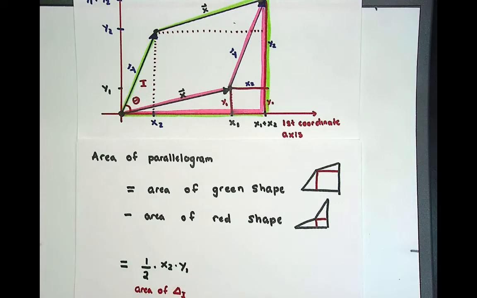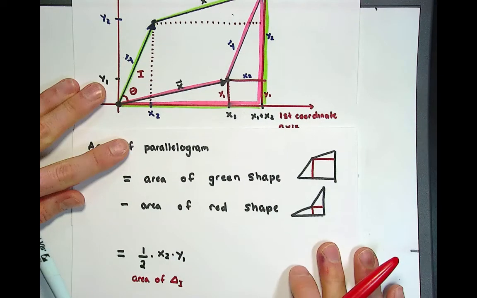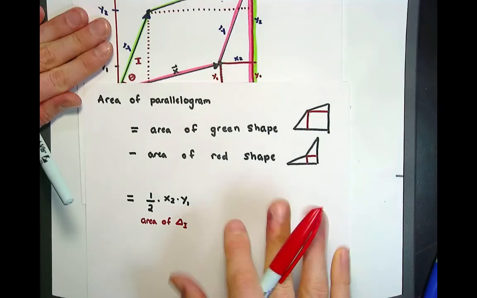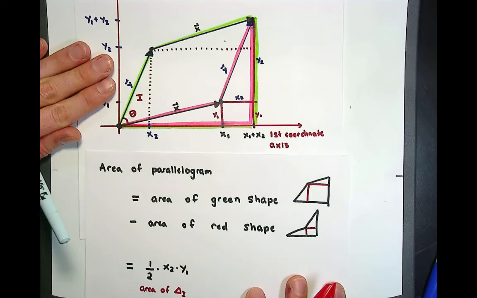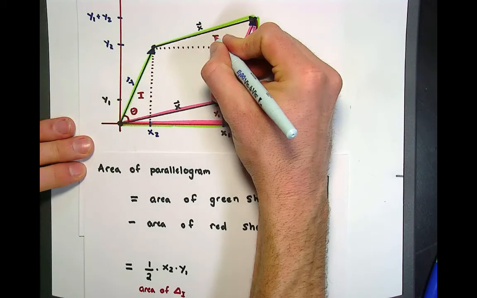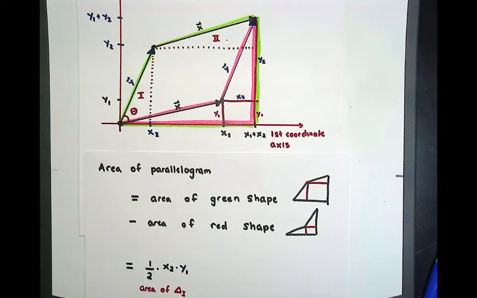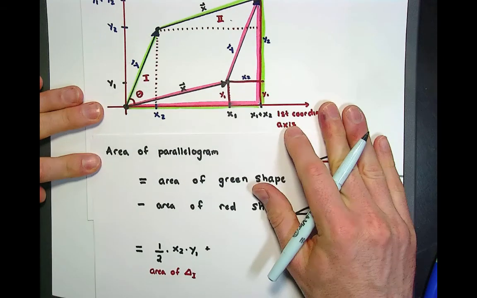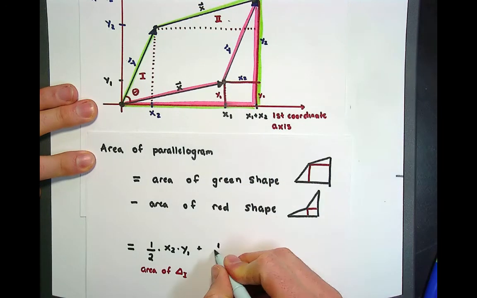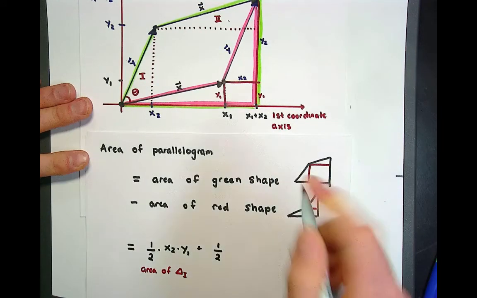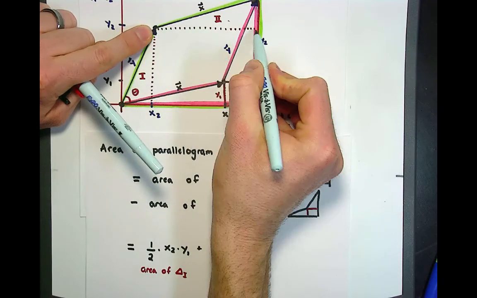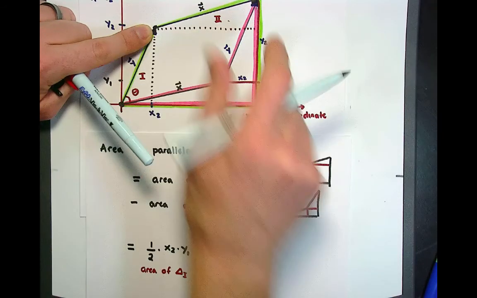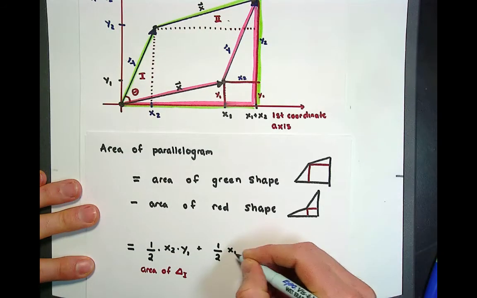See it? Okay. Maybe I can go out a little bit further here so we can see it. We'll call this thing right here triangle 2. Of course, the area of the green shape is also going to include the area of triangle 2. And the area of triangle 2 would be the same idea, one half base times height. But the base of this is the value of x1, since this is the vector x, this length must be x1. That's the direction in the x, in the first coordinate.